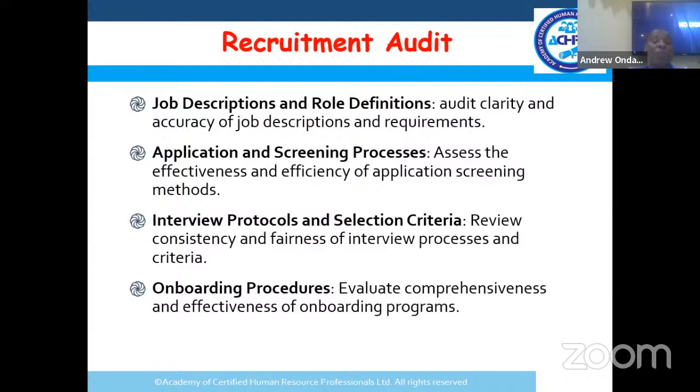These are acceptable. Now that we are in the digital space, it could be encouraged that people apply online. However, there are some organizations which still accept manual applications through the post office.